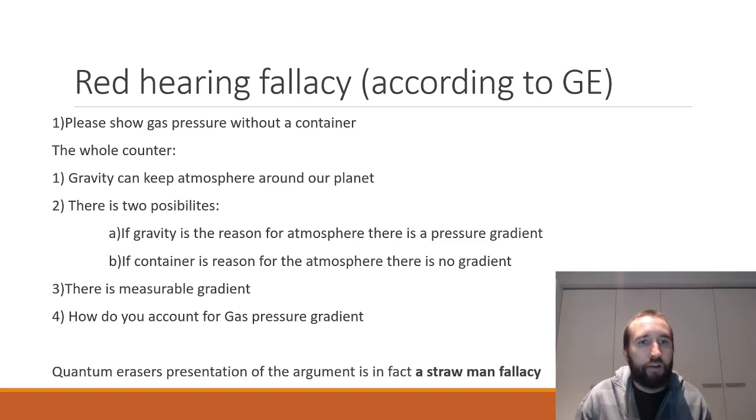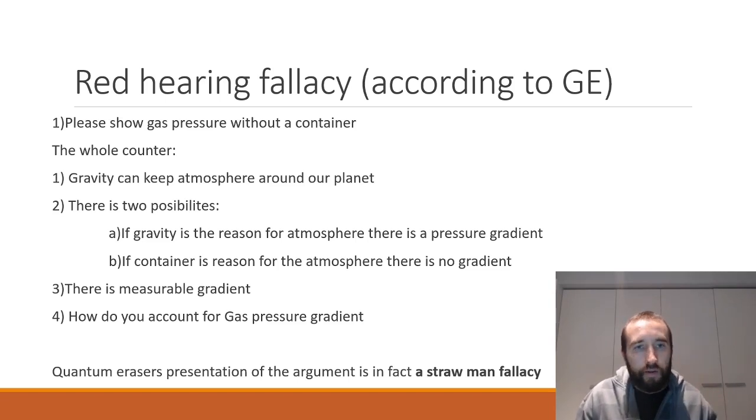So 1, gravity can keep atmosphere around our planet. 2, there are 2 possibilities. A, if gravity is the reason for atmosphere, there is a pressure gradient. B, if a container is the reason for the atmosphere, there is no gradient.